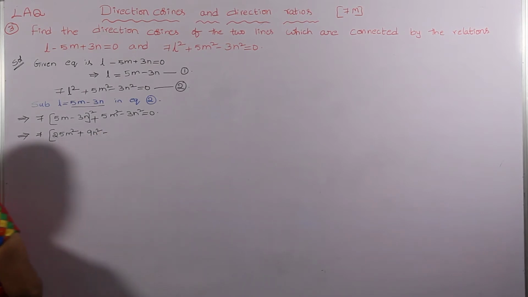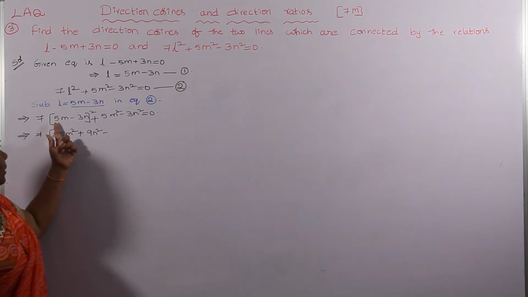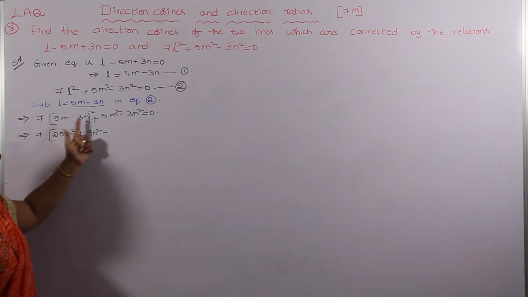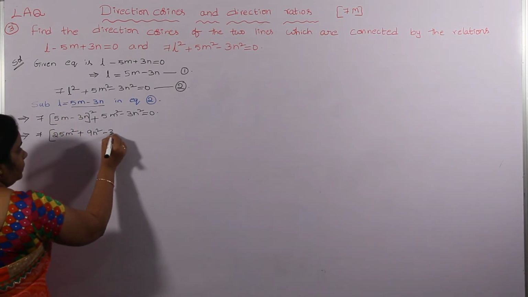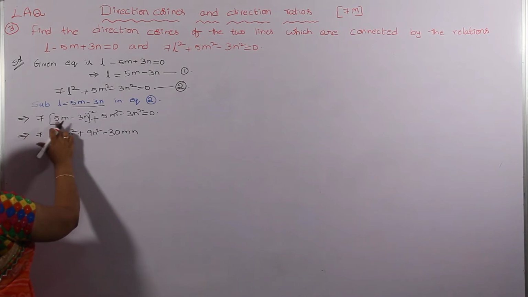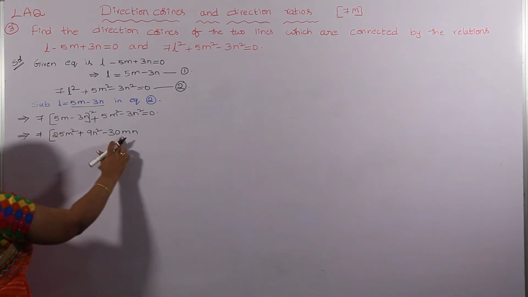Minus 2ab: 2 5s are 10, 10 3s are 30, 30 into mn.